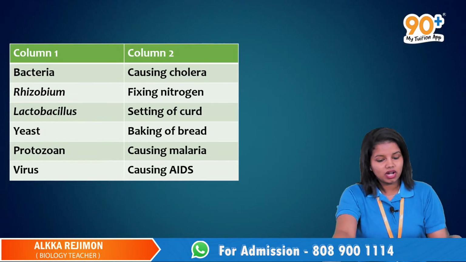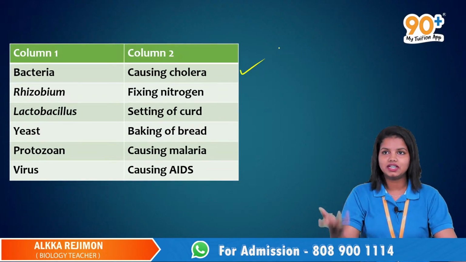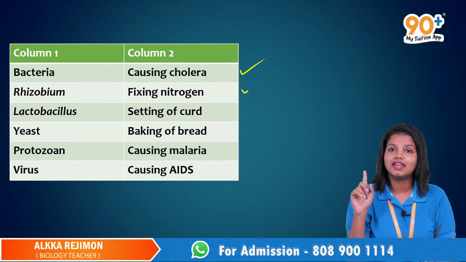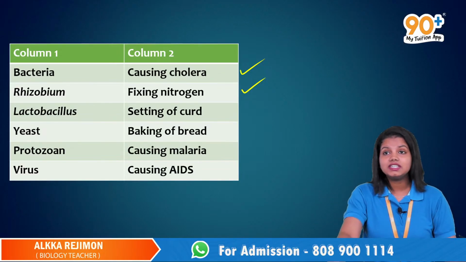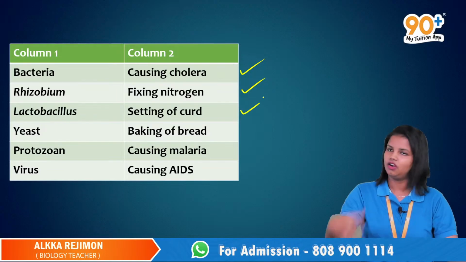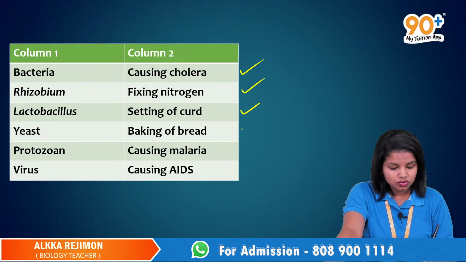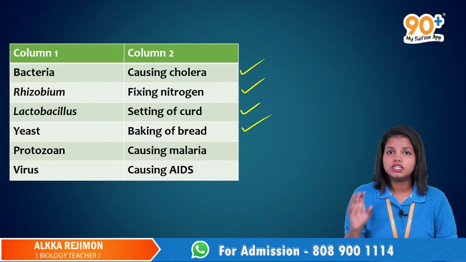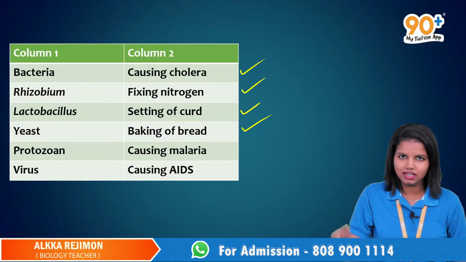Bacteria is the one which is causing cholera. Yeah, cholera is a bacterial disease. Then rhizobium is the one which is helping in nitrogen fixation. Then lactobacillus is a bacteria which is helping in the setting of curd. Already discussed. Then yeast is another microbe which is used in the baking of bread, and that same yeast is used in making alcohol, wine or vinegar, right?